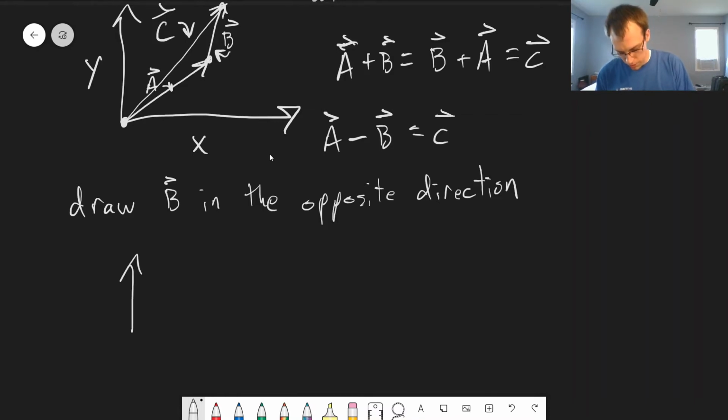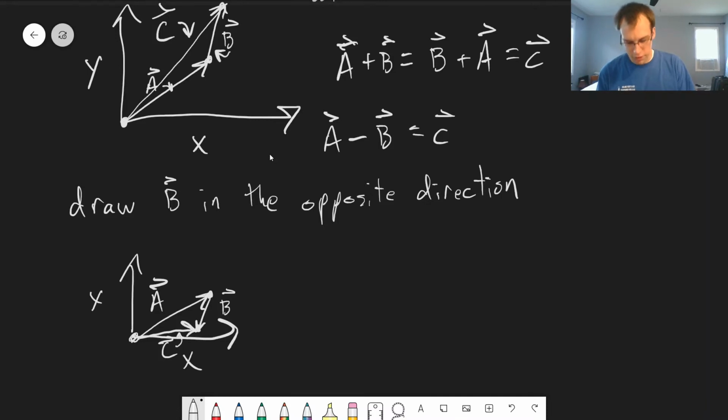So again, if we represent our vectors here on an xy axis, if we say A is roughly the same, we would draw B in the opposite direction, and so our resulting vector C, let me label all these, A, B, C, will be down here instead, so it'll be shorter. And so that's how we represent this.